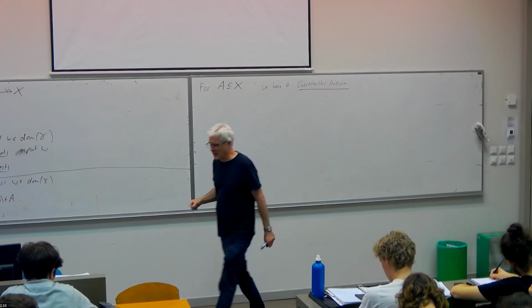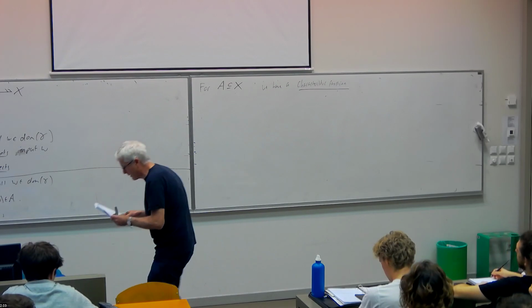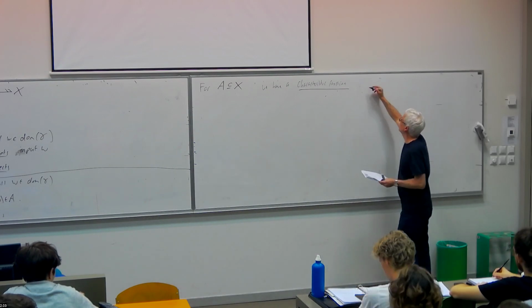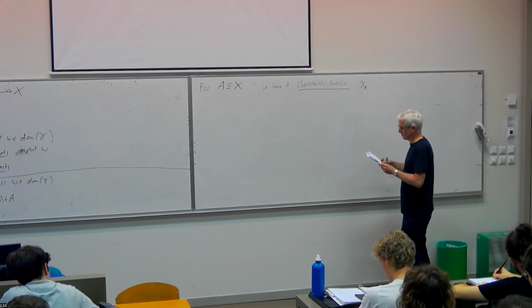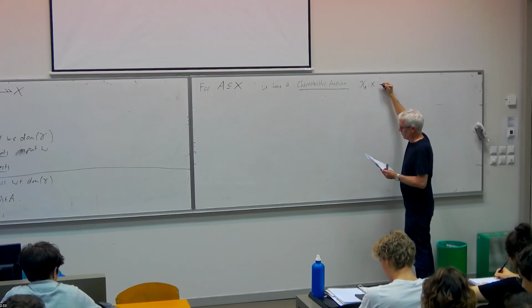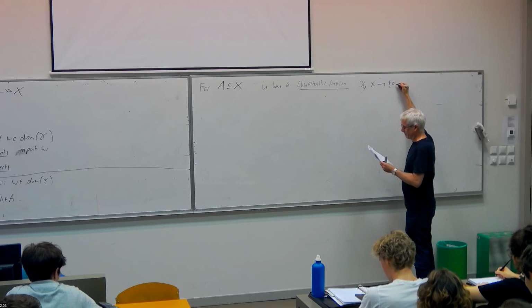And just to remind myself what notation I use for this in the notes. Okay. I use Z rather than A, but it doesn't matter. So chi sub A, which goes from X to the set {0, 1}.